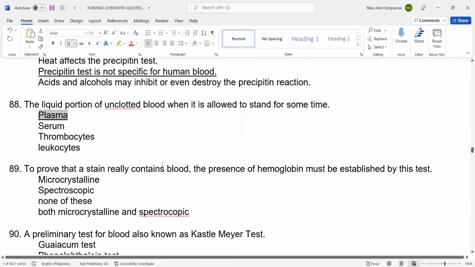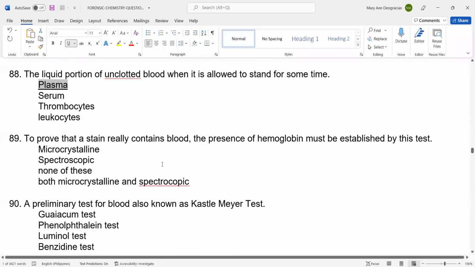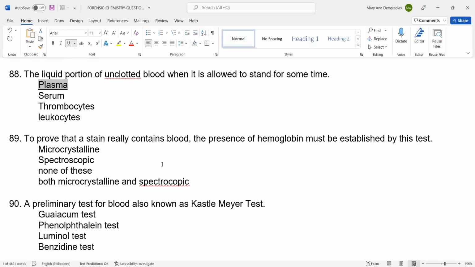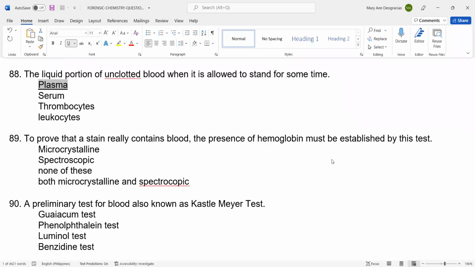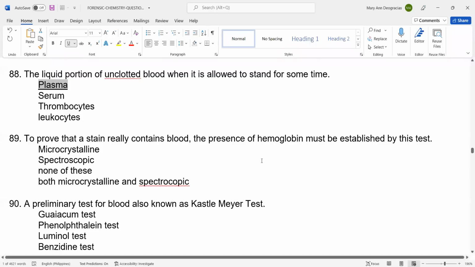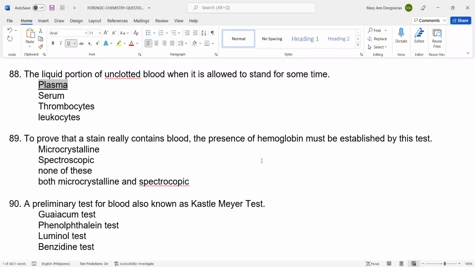Okay, number 89. To prove that the stain really contains blood, the presence of hemoglobin must be established by this test. Okay, so what test is that? Is it microcrystalline, spectroscopic, none of these, or both microcrystalline and spectroscopic?